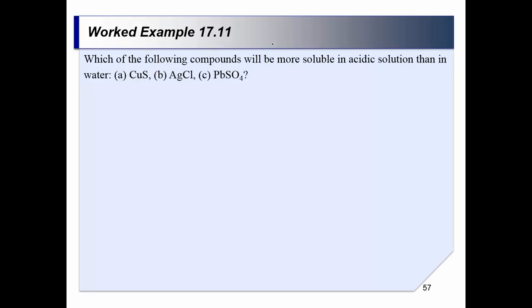Well, let's look at copper sulfide first. So copper sulfide dissociates into the copper and sulfide. Sulfide is the conjugate base of the weak acid hydrogen sulfide.